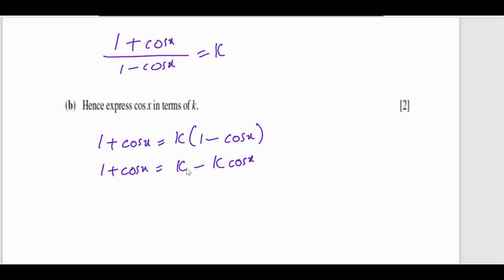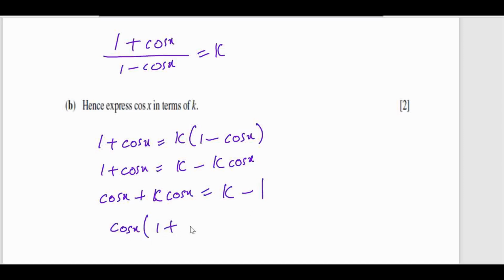And if we rearrange and simplify it further, this will be equal to cos of x plus k times cos of x is equal to k minus 1, and then we can take cos of x common.